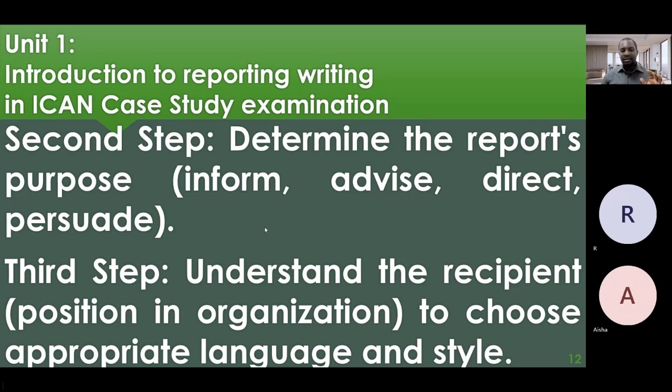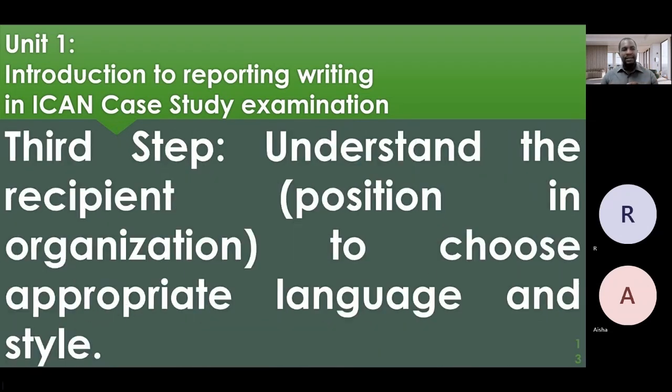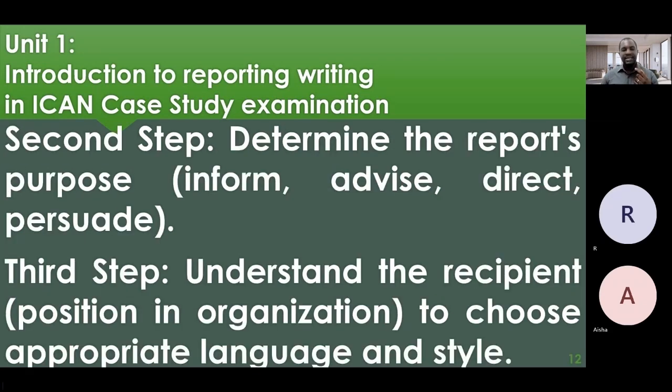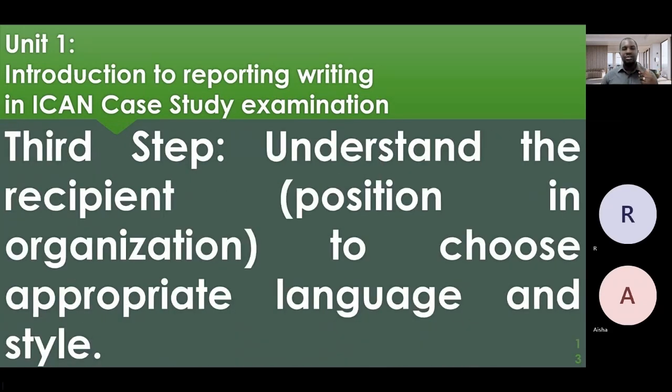Understanding the position of the person or the stakeholders you are reporting to is key. Understand the recipient's position in the organization to choose the appropriate language and style. That is the third step.